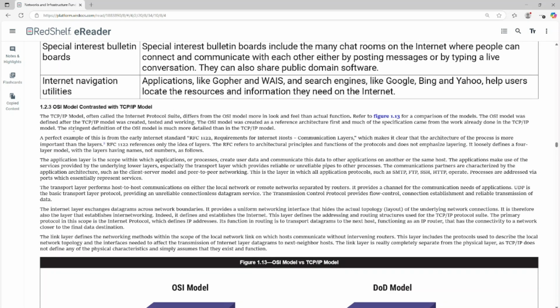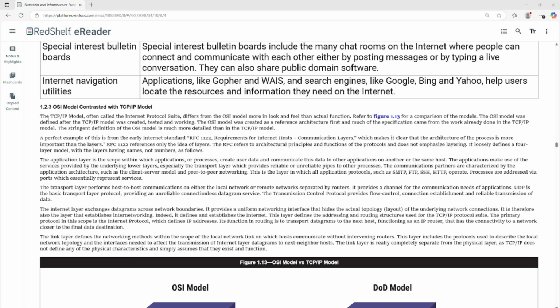Okay, let's jump into the OSI model and contrast it with the TCP/IP model. The main thing here is just to be able to differentiate between the OSI model and the TCP/IP model.